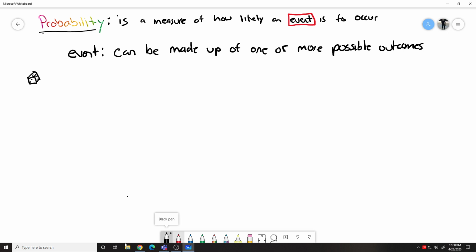So we have this formula. This is your formula for probability. P stands for the probability of, and inside the parentheses you put the event.